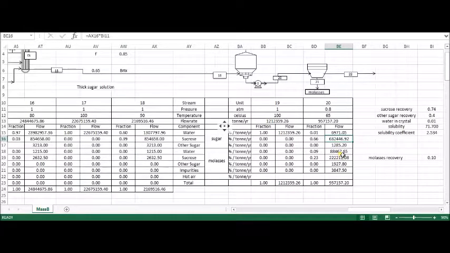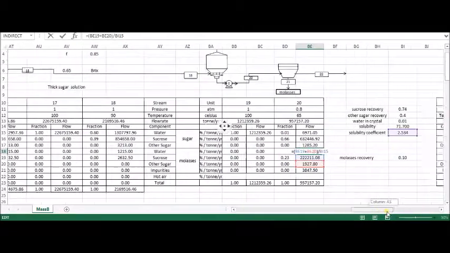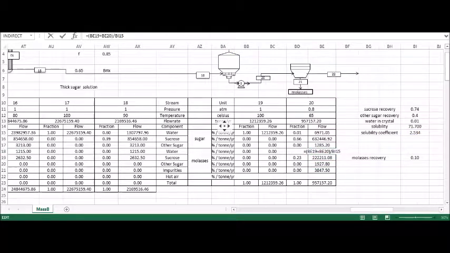For our molasses, we get the water from the amount of sucrose added to other sugar, divided by the solubility coefficient, and then we get the amount of water inside the molasses.